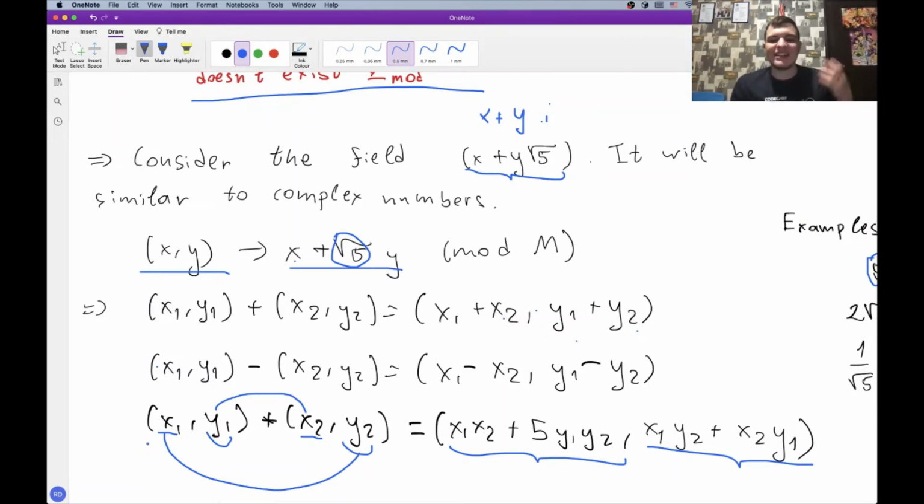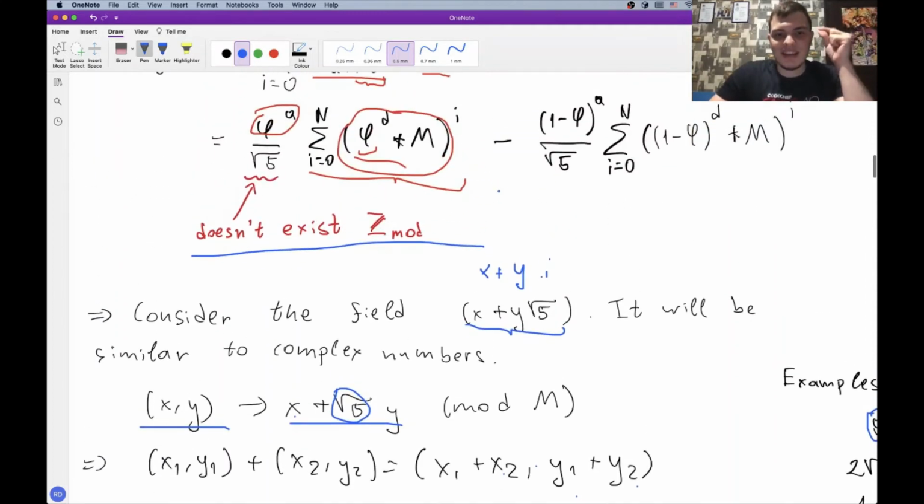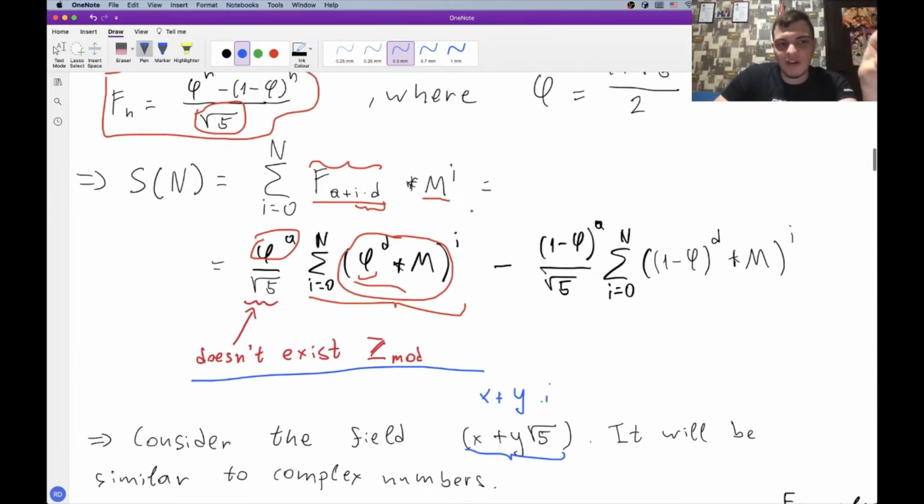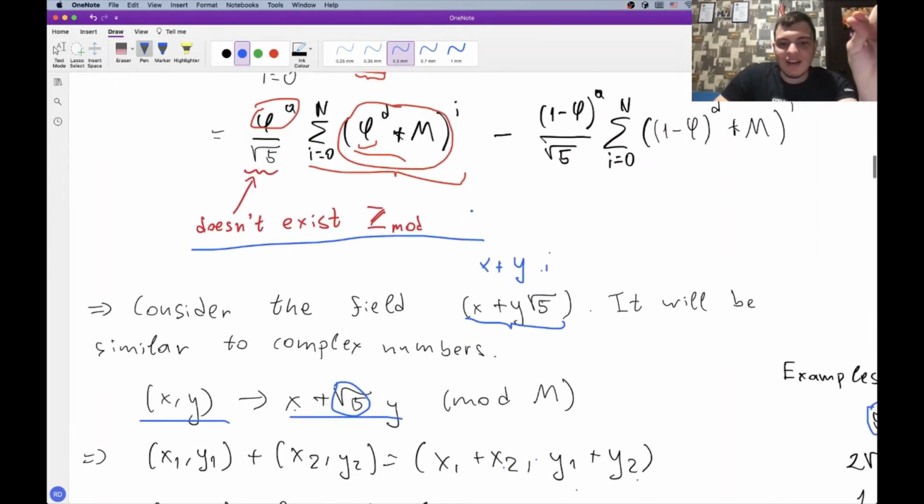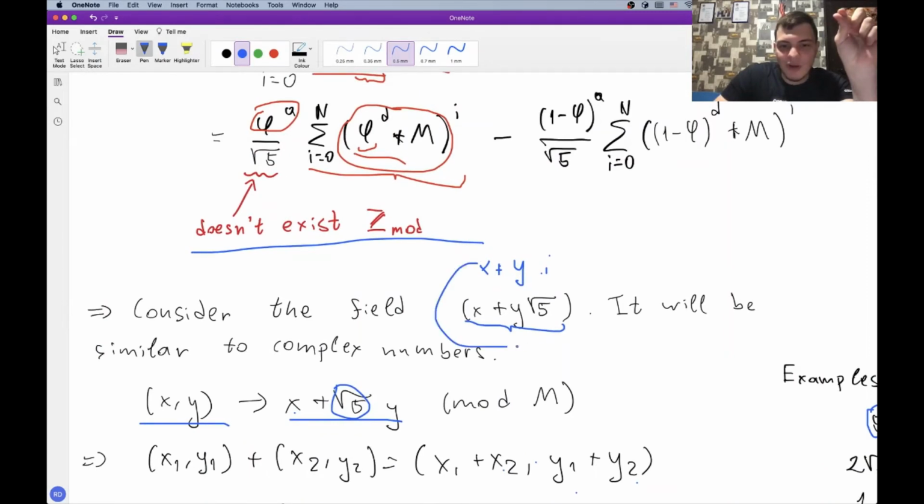We can easily see that our field satisfies all properties, and instead of just doing everything on integers, we can do it on this x plus y multiplied by square root of 5 field. Maybe something that is tricky to see here is that, because we know that the Fibonacci numbers are always integers, the answer in the end will always have a 0 y.